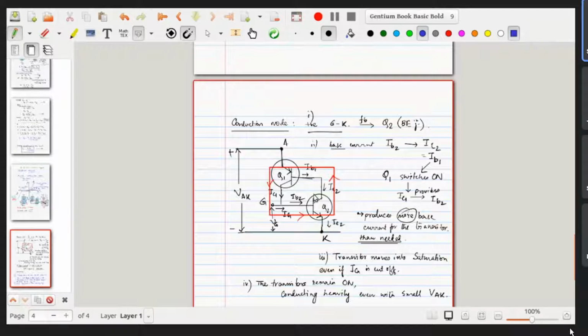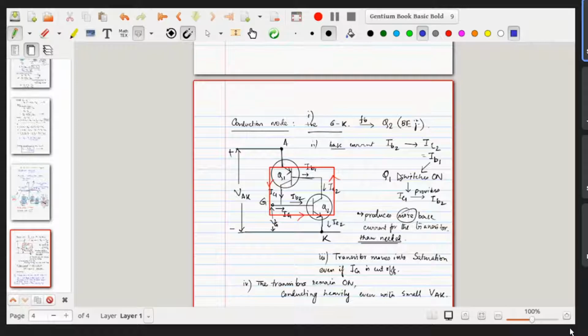That will result in some collector current, that is I_C2, which is very much the same as I_B1, the base current of the first transistor. Once you have sufficiently high base current for the first transistor, that is going to produce the collector current from the first, which is again being fed back into the second transistor. So this mode continues.